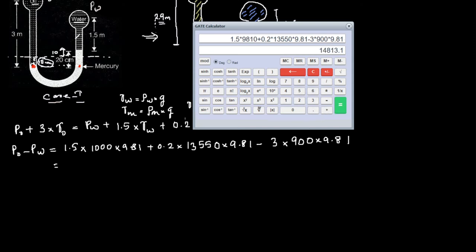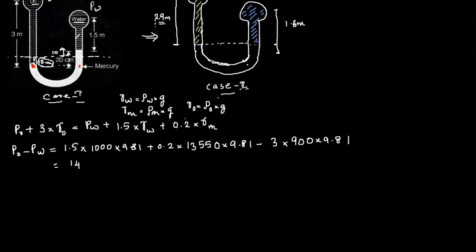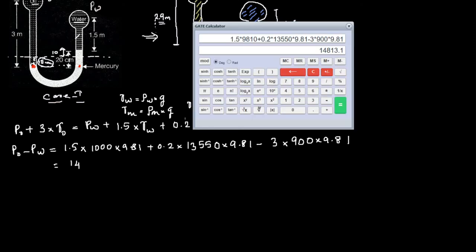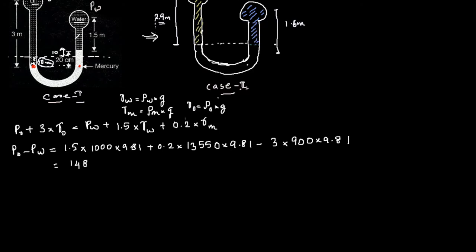So this gives us 14,813.1 Newton per meter square. This will be P0 minus PW.